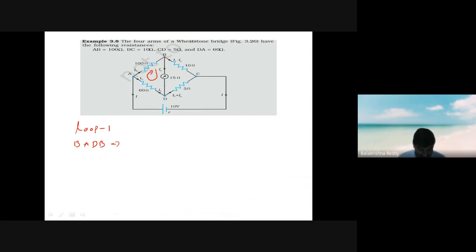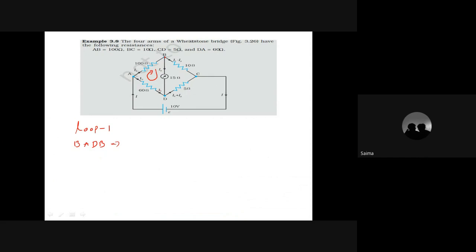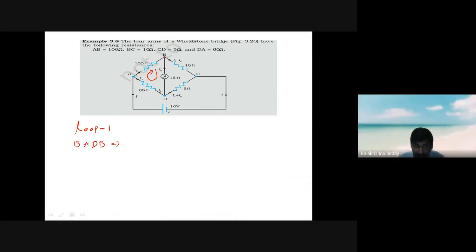First, the galvanometer current will come. 15 into Ig, I can write 15 Ig.